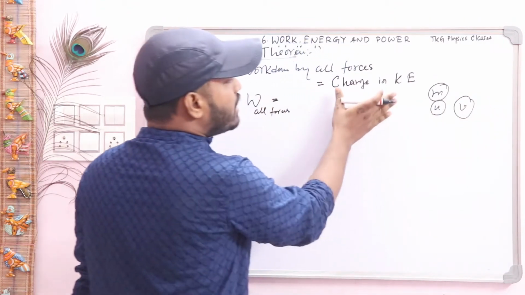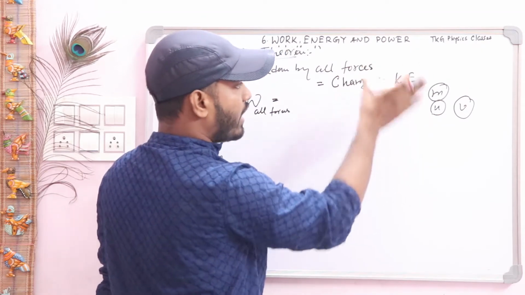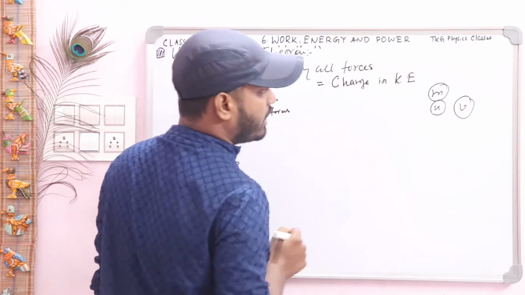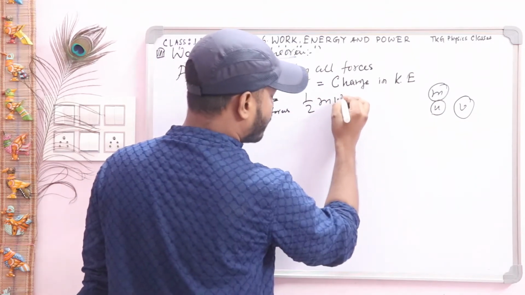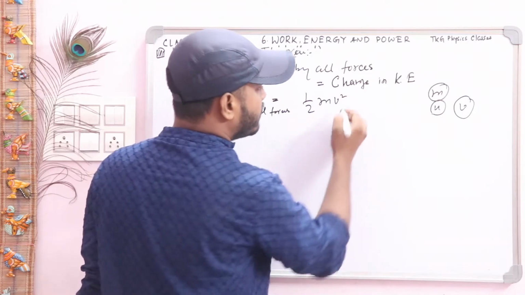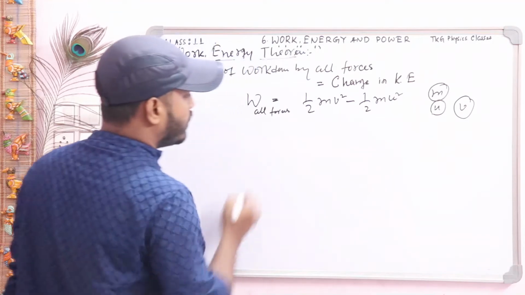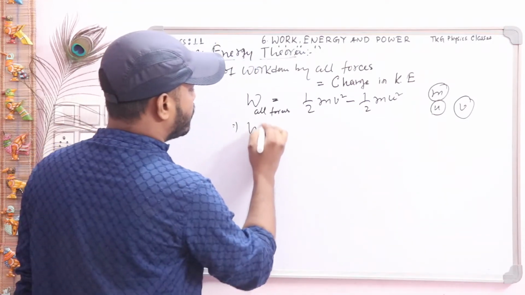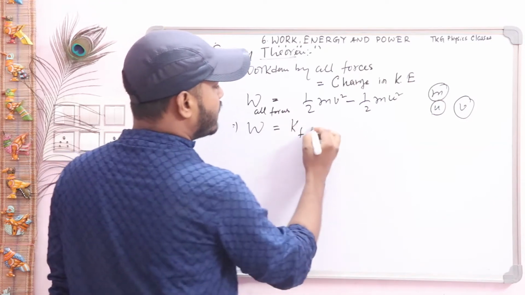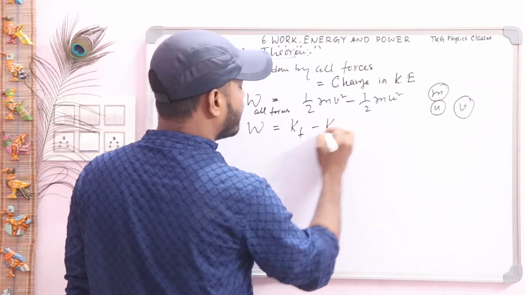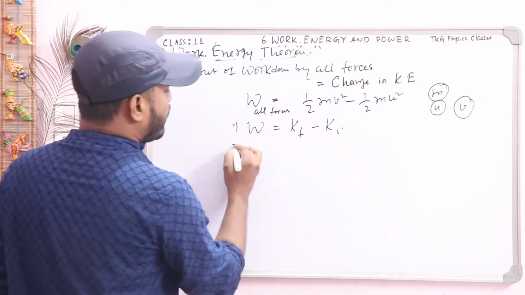So what is the expression of final kinetic energy? Change in kinetic energy means final kinetic energy minus initial kinetic energy. So final kinetic energy is half m v square minus initial kinetic energy, half m u square. So here you write W is equal to Kf minus Ki. Kf means kinetic energy final, and Ki is kinetic energy initial.